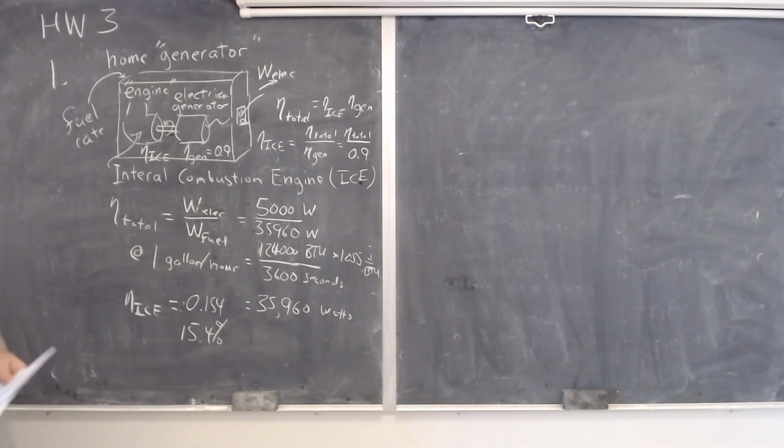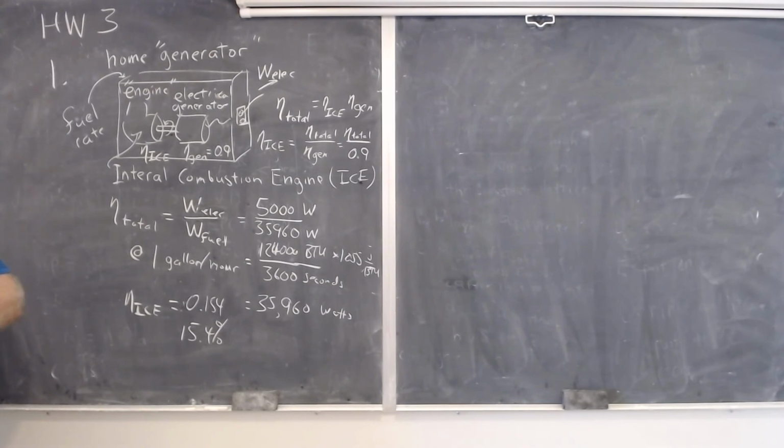So this is sort of the first approximation of what we'll be trying to do later, which is determine for an average vehicle, whether it's a car or a truck or something like that, what the equivalent efficiency of that vehicle is.